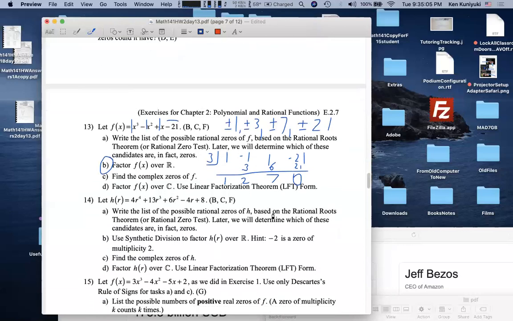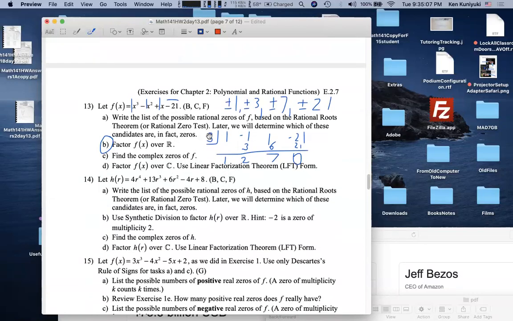So how do we factor this over the reals? Because 3 is a 0, what has to be a factor? It's x minus 3.